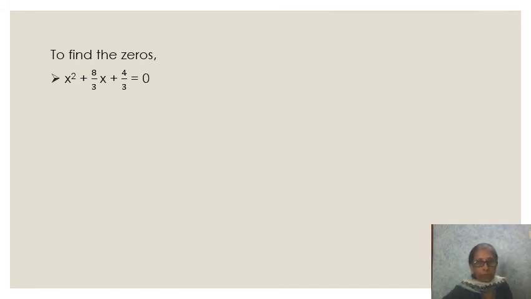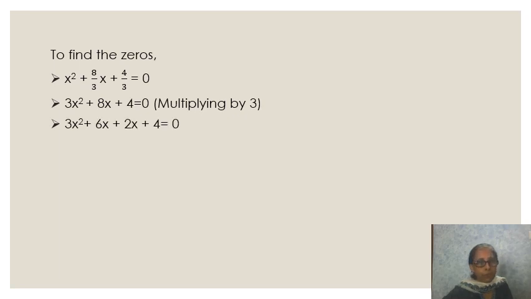Okay, so you have to remove that 3 from the denominator. For that you multiply the full equation with 3. Okay, the whole equation you have to multiply by 3 to remove the denominators. Okay, so it becomes 3x square plus 8x plus 4 equal to 0. Equal to 0 you have to put to find the zeros.